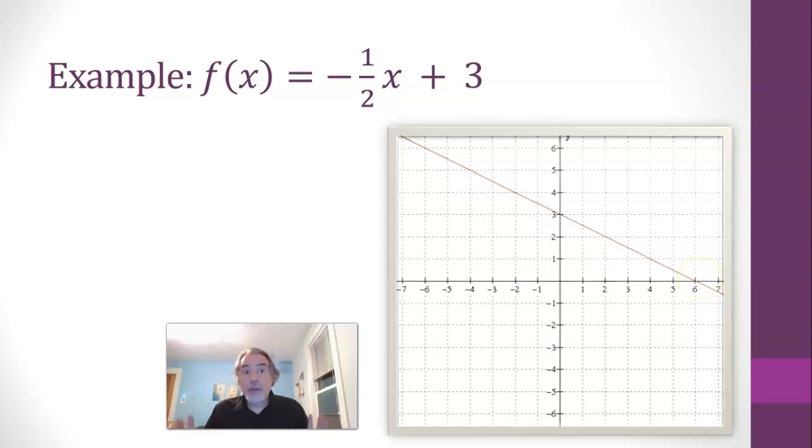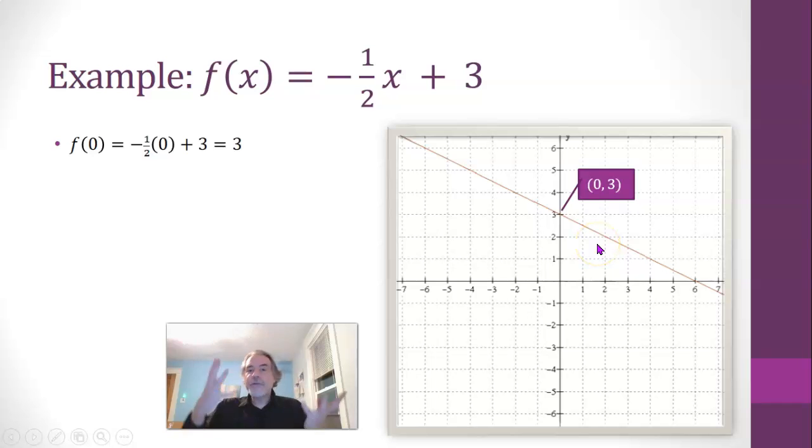And the y-coordinate is going to be f of the x-coordinate. So for example, f of 0 is 3. So there's a point on the graph where x is 0 and y is f of 0, which is 3.